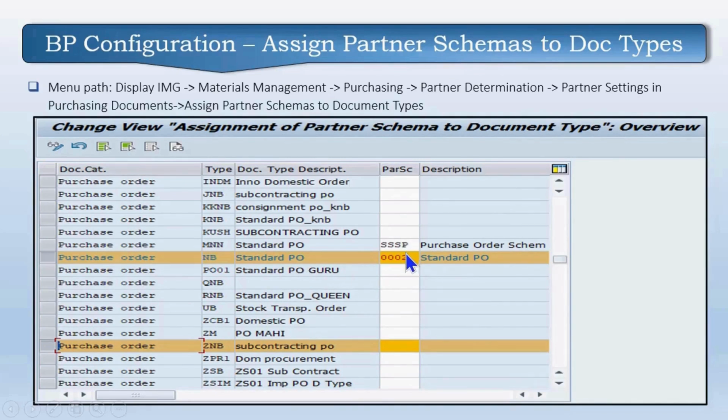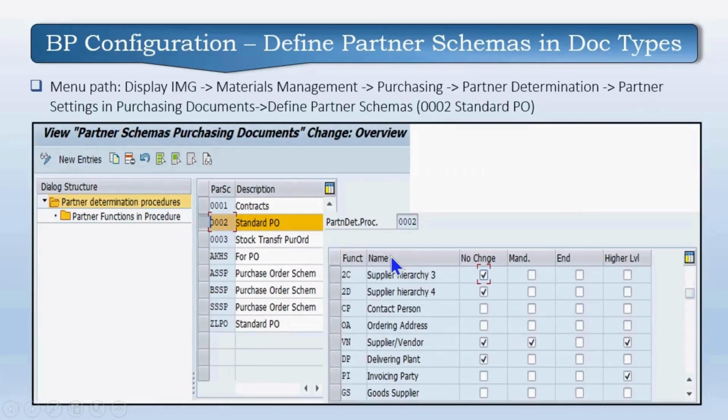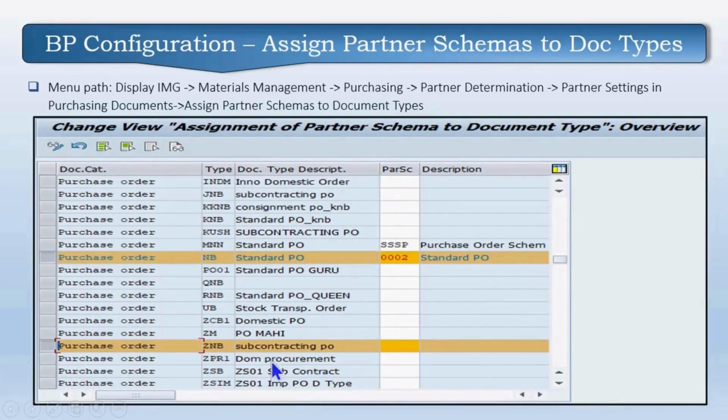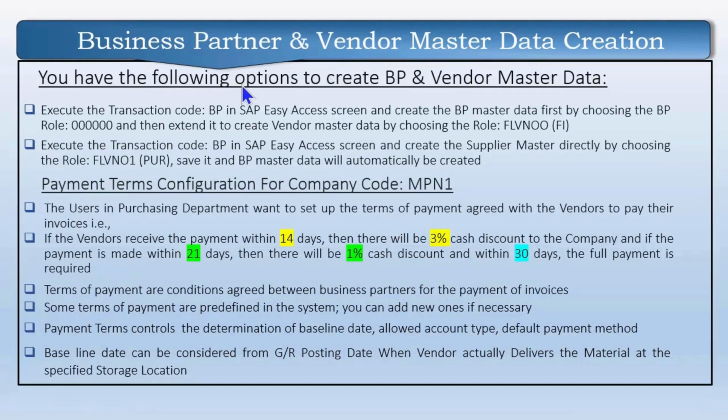As we have taken standard, it's already assigned, 0002. 0002 is the standard PO partner schema assigned to the document type. So we assign the partner schema 0002 to the standard purchasing document. With that, we have completed the entire configuration of business partner. Move on to the next slide.